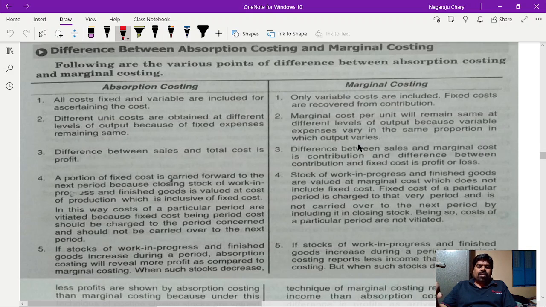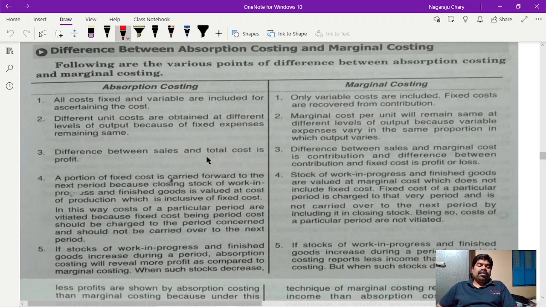So that's why marginal cost per unit will remain the same at different levels. Whenever we include fixed cost, there is no change, and without adding fixed cost, there is also no change.